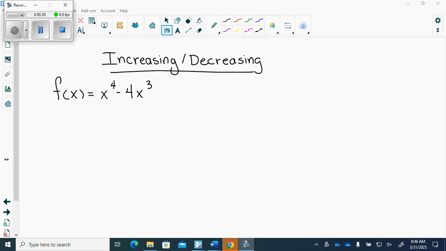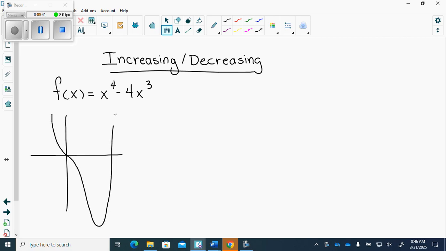So, not an accurate sketch at all, but you have something in front of you that looks like this. Some sort of min and some sort of up like that. We agree? Everyone agrees? Okay.